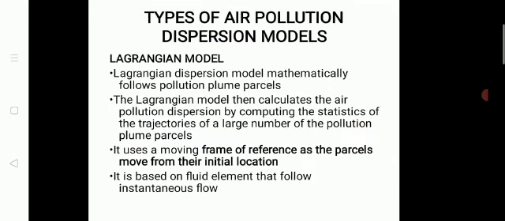Types of air pollution dispersion models. Lagrangian model. Lagrangian dispersion models mathematically follow pollution plume parcels.